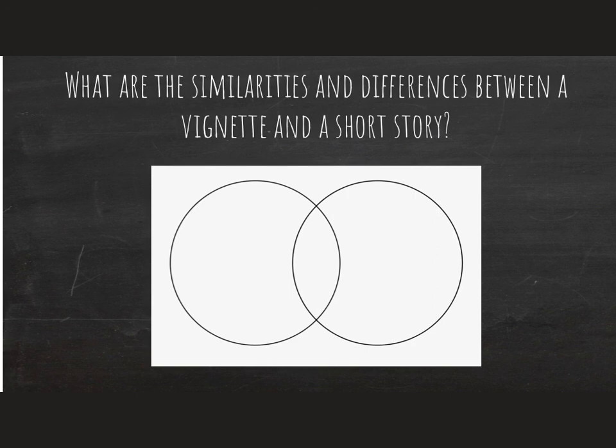On the left-hand side that's green, you'll write the characteristics specific only to a short story. The blue in the right-hand column are the characteristics of a vignette. And the greenish blue column in the middle is the overlapping part, where I'd love for you to communicate the common similarities between a vignette and a short story.